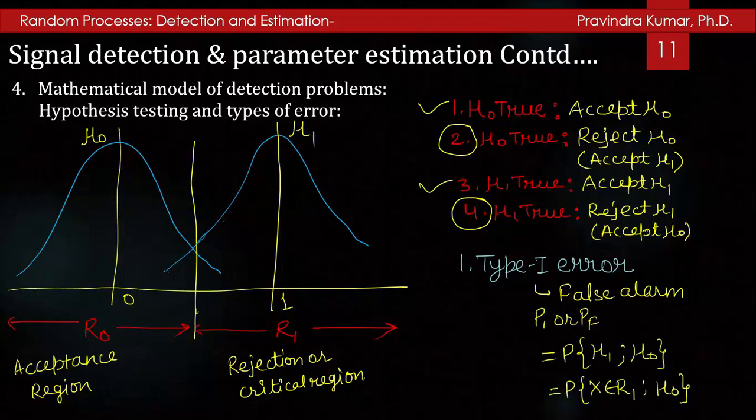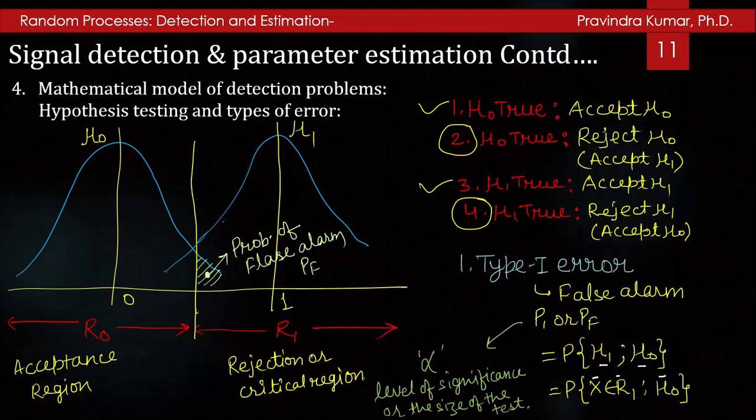The probability of false alarm is given by P1 or PF. This is the type first error, the probability that we have decided H1 when H0 is true, meaning the observed data x belongs to R1, the critical region, but H0 is true, and this shaded region is known as the probability of false alarm. P1 is denoted as alpha and is known as the level of significance or the size of the test.